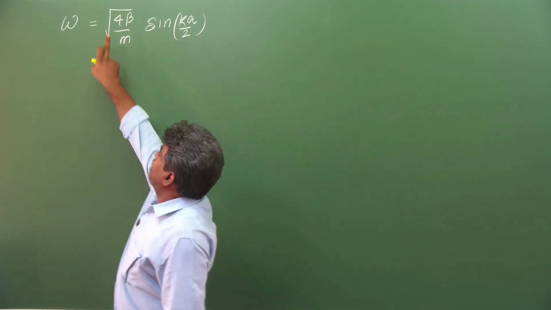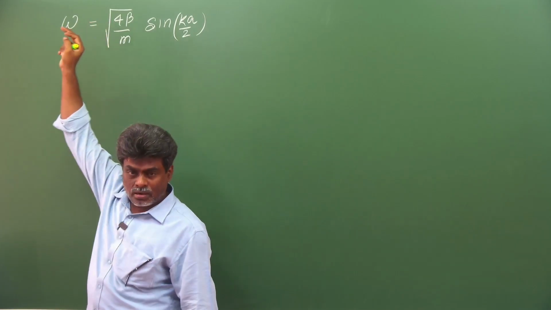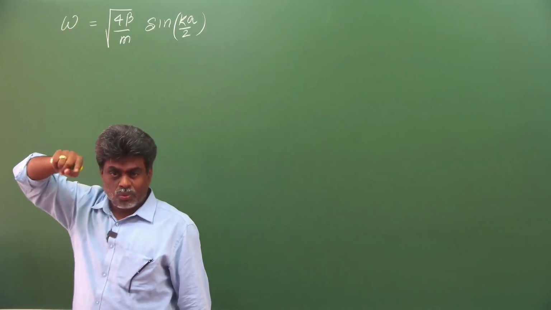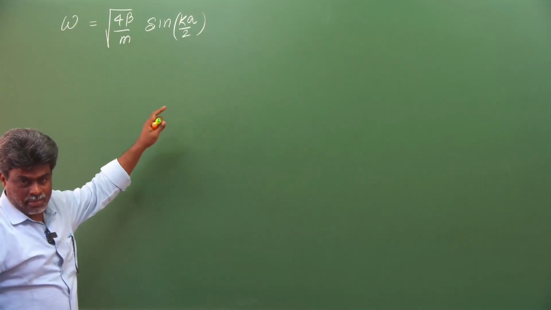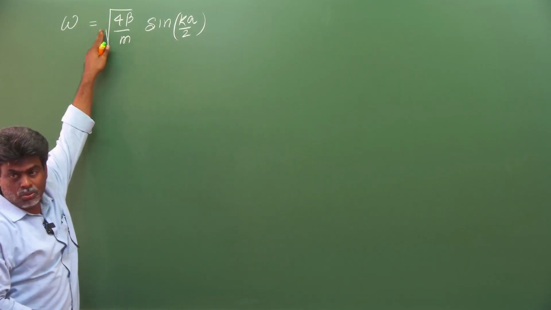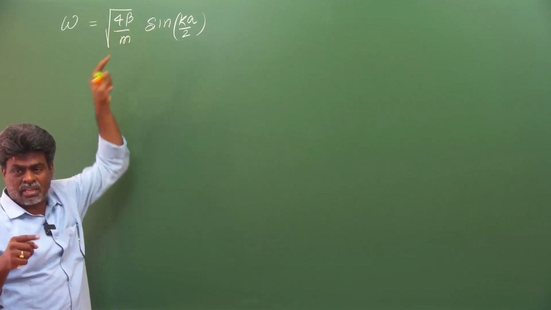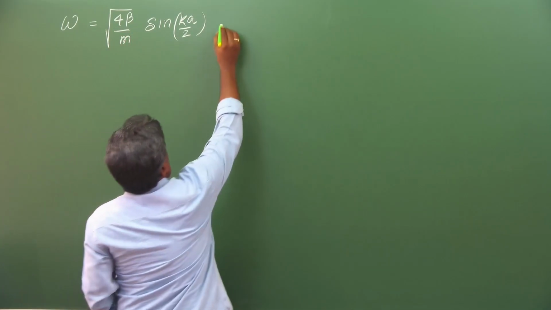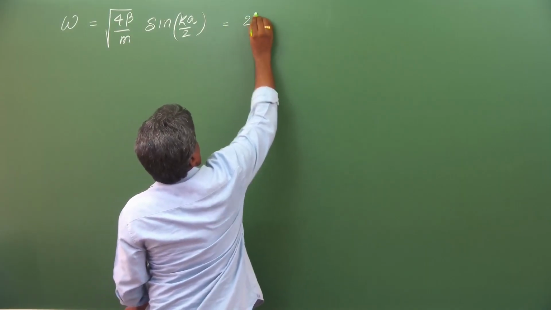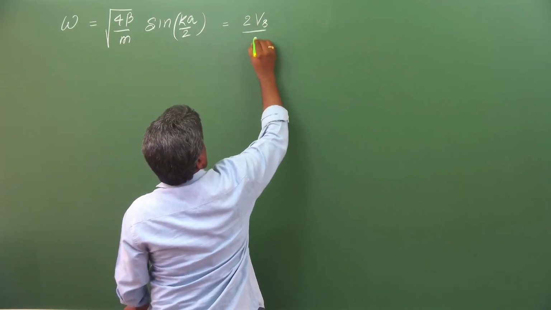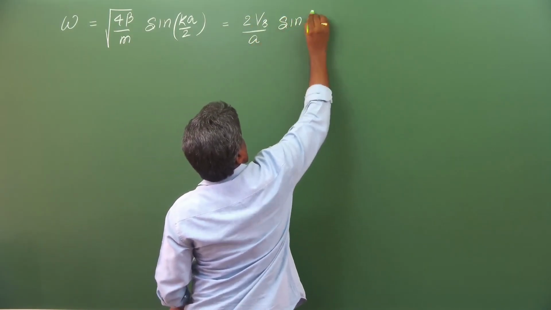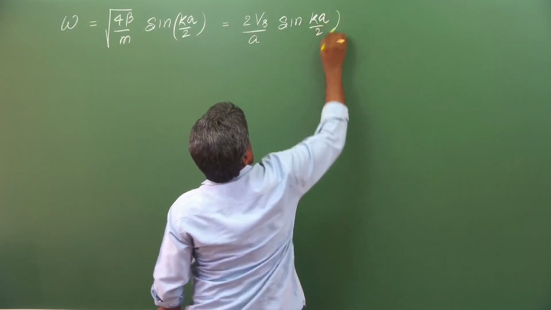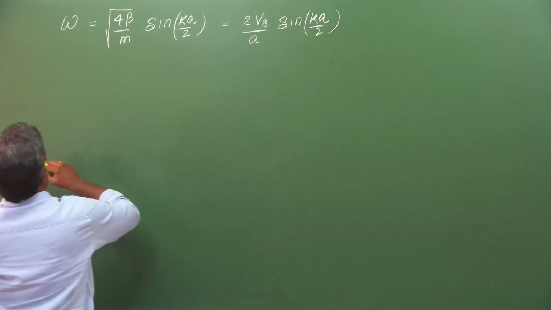They have given 2 omega naught sine Ka by 2. That means option 4 is out, and root beta by m they have taken as omega naught, nothing else, 5 marks. And one more relation we have given in terms of the velocity of sound, 2 Vs by a sine Ka by 2. So, I hope you check that.